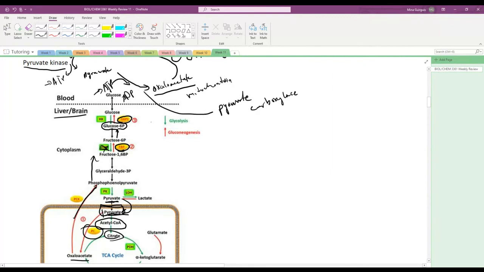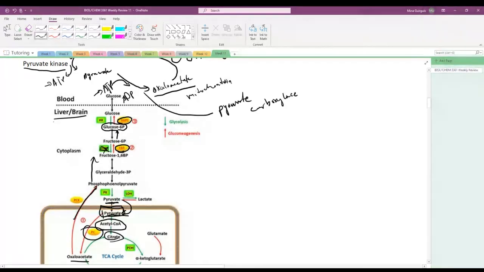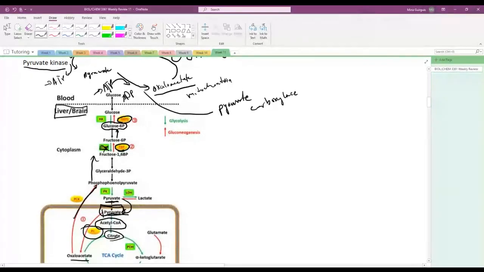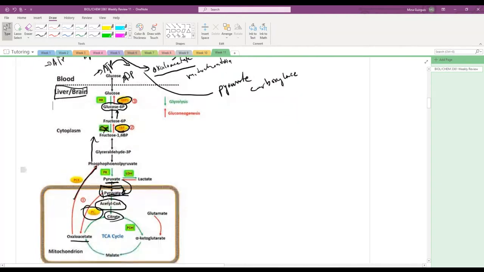So when we remove that negative charge in the liver, in the brain, wherever it is, it can now travel back into the blood. Okay? The location, meaning the compartment that it's in, determines where in the body your glucose can be, and it helps us regulate this very carefully.